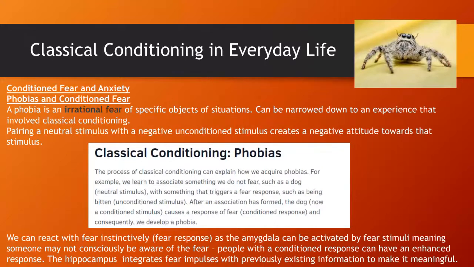So the hippocampus in our brain can take those fear impulses and link it with previously existing information that we might have been scared with, and it can exacerbate the fear. So as much as we learn to fear something, our fear can get worse through processes within our brain, and the fear can actually turn into a phobia. Sometimes we're not sure why. It can be irrational. I hope that makes sense to everybody.